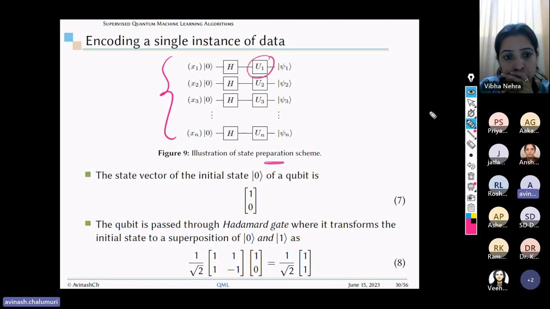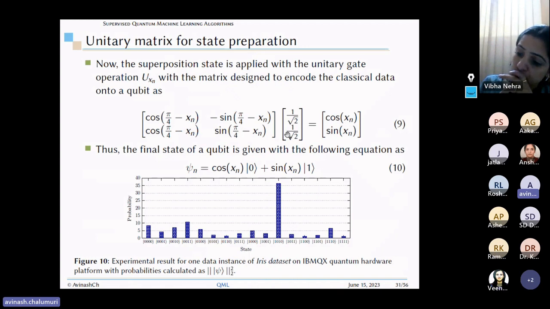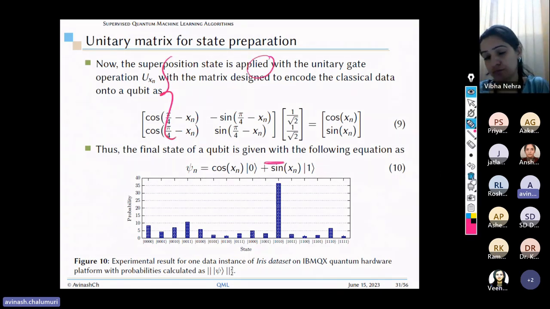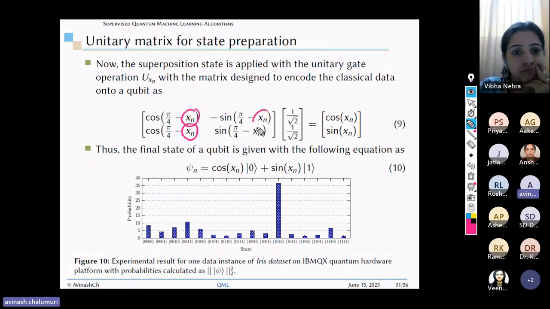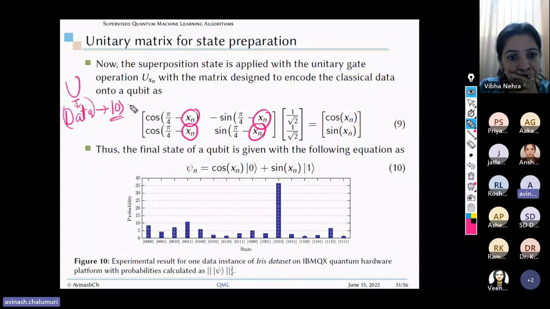The unitary is defined as a mathematical operation, and it is designed with data elements x1, x2, up to xn, which are the data points. You can prepare a unitary with respect to this data, and then modify the initial state to some other state. This is the idea behind it.